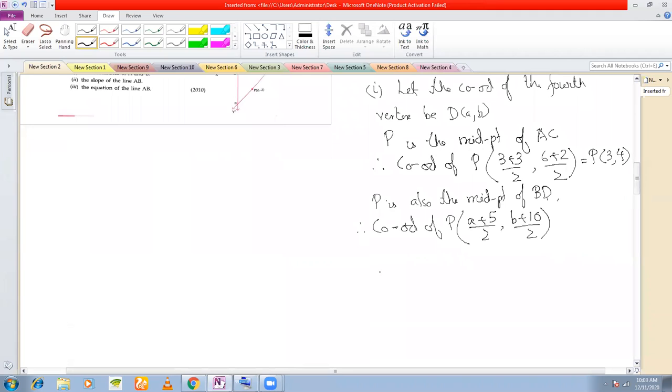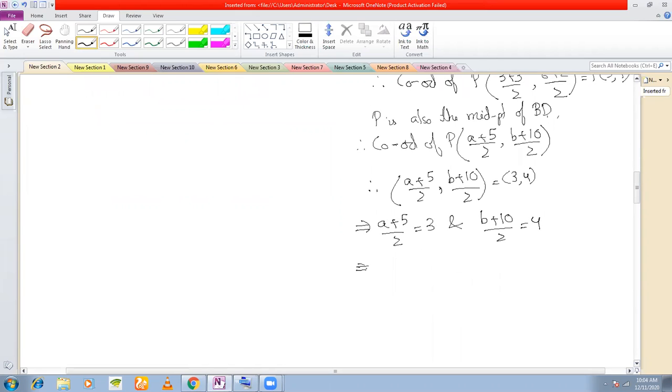Therefore, A plus 5 by 2, comma B plus 10 by 2 must be equal to 3, 4. That means A plus 5 by 2 is equal to 3 and B plus 10 by 2 must be equal to 4. A plus 5 is equal to 6 and B plus 10 is equal to 8.